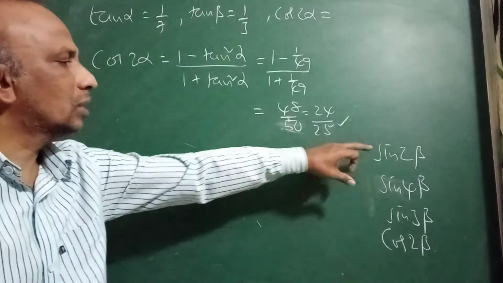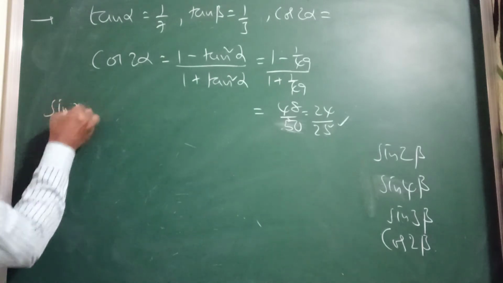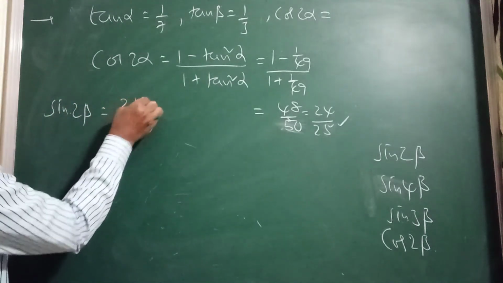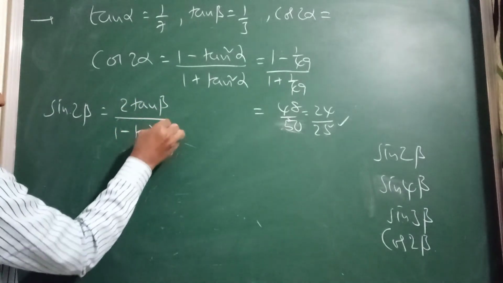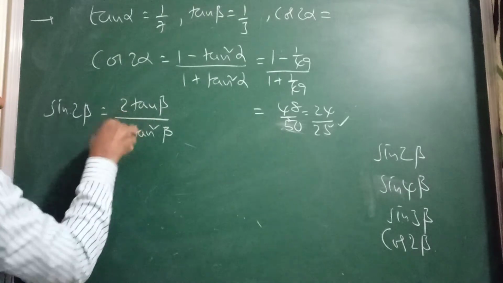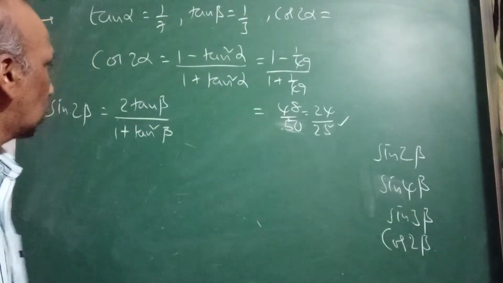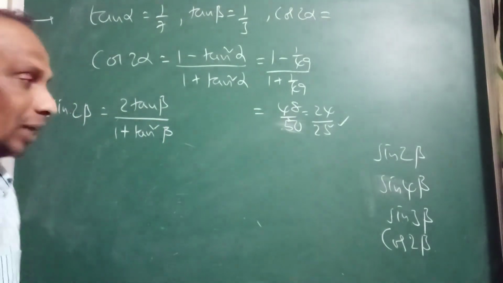So I can check sin 2 beta. Sin 2 beta, I can write in terms of tan: 2 tan beta by 1 plus tan square beta. So sin 2 theta is 2 tan theta by 1 plus tan square theta.